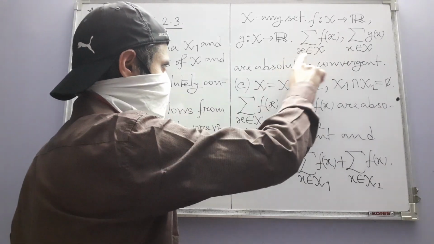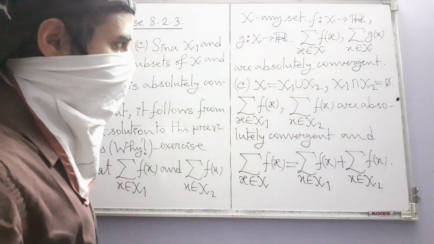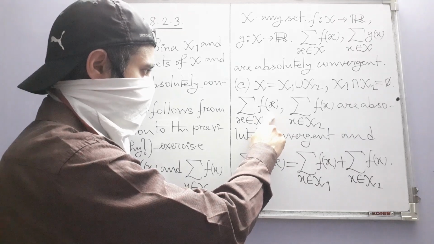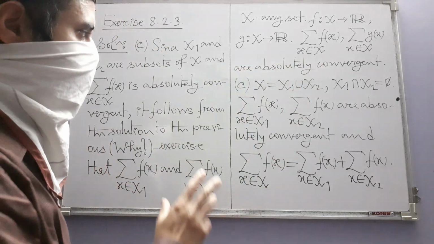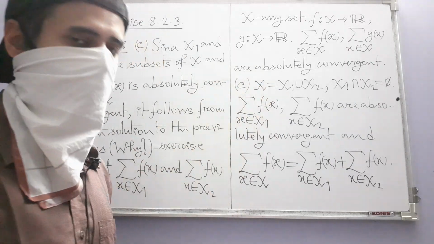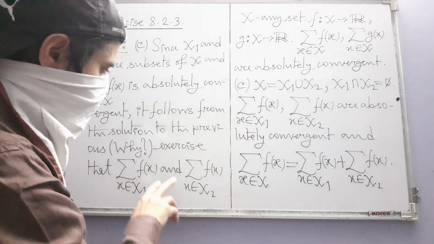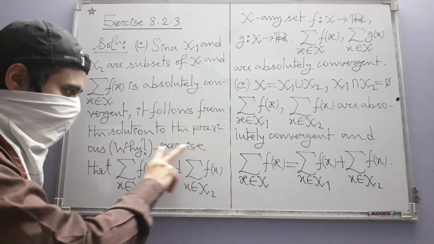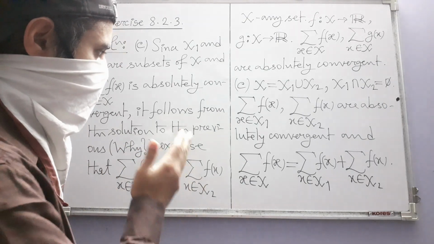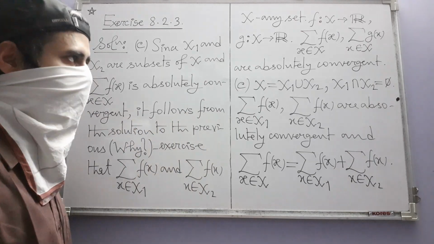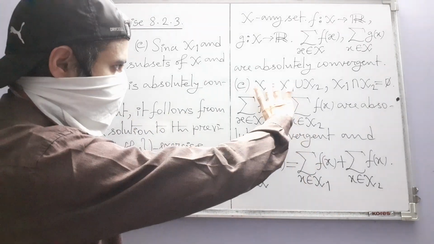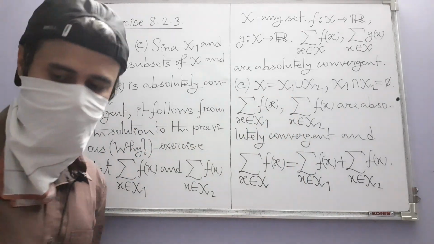If you have an absolutely convergent series like this and then you consider one like this where the set is a subset of the previous set, then this is also absolutely convergent, and this we proved in the beginning of the solution to that exercise itself. So that's why we are now directly able to conclude that these two are absolutely convergent. So that means this part is over.